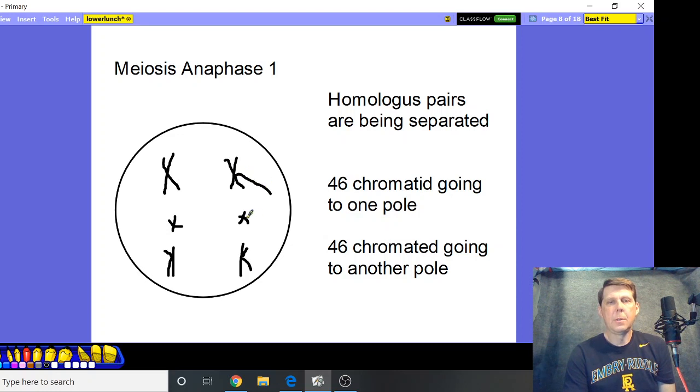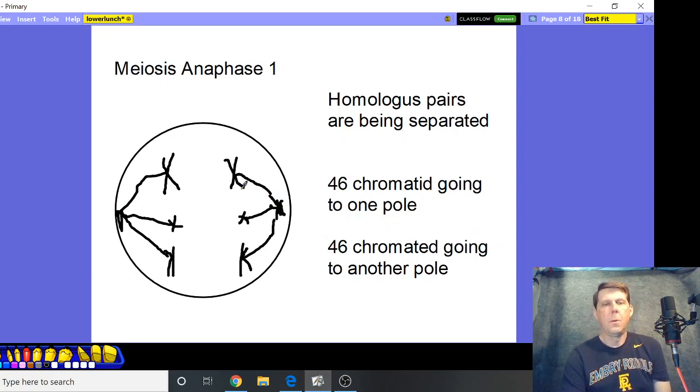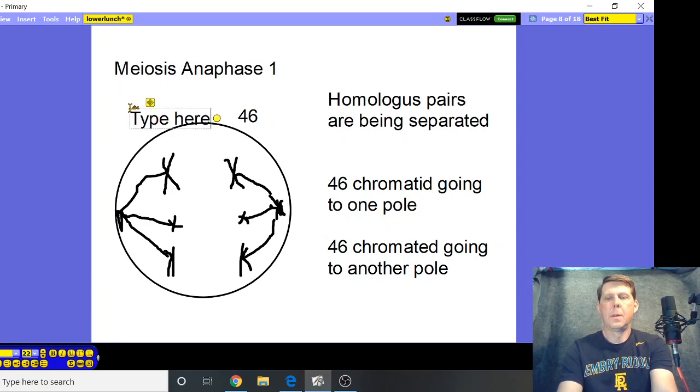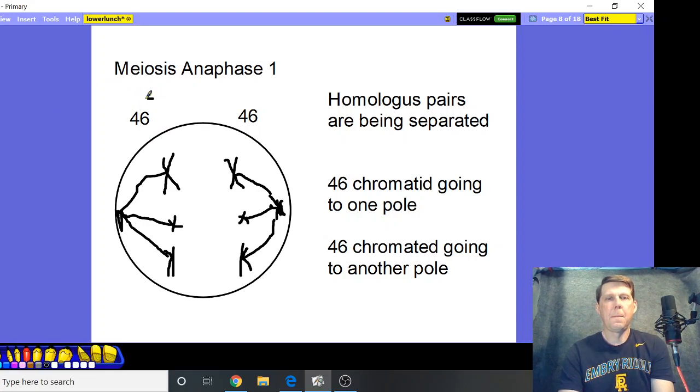Spindle fibers attached. Okay, so we should have 46 chromatids here and 46 there. 46 going this way and 46 going this way, for a total of 92.